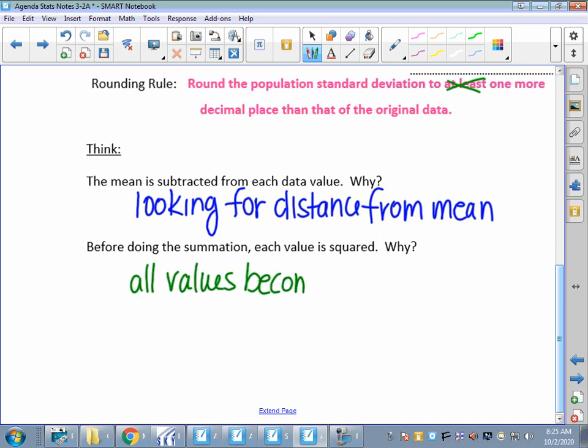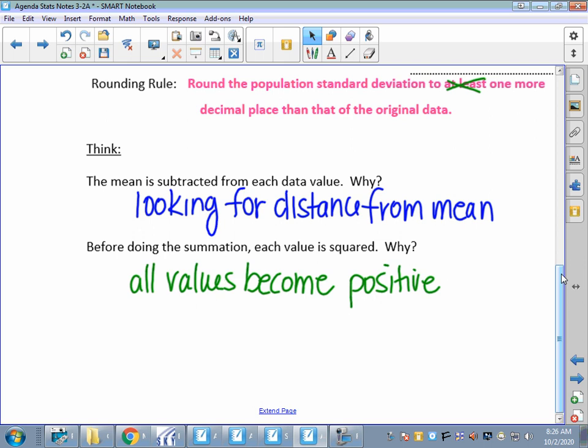After you square them, all values become positive. Therefore, we are taking out what direction they are from the mean. We're just thinking about how far from the mean. So we do x minus mu, we square each one of those values, and then we add them all up.